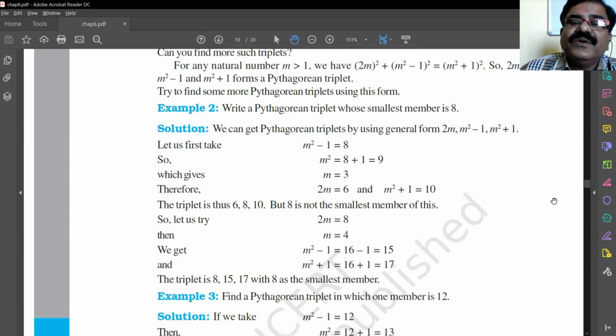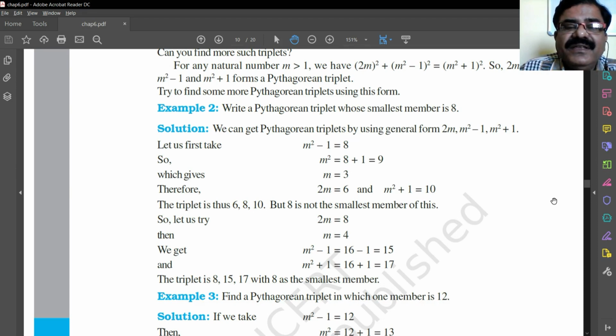Now think about one example. Write the Pythagorean triplet whose smallest number is 8. In general form, in Pythagorean triplets we take 2m, m square minus 1, m square plus 1.